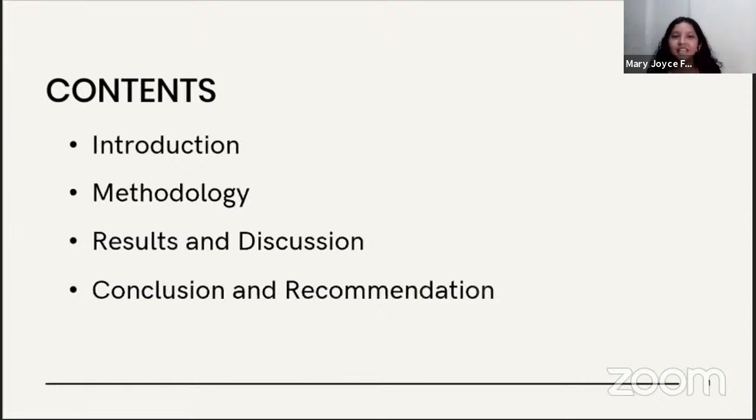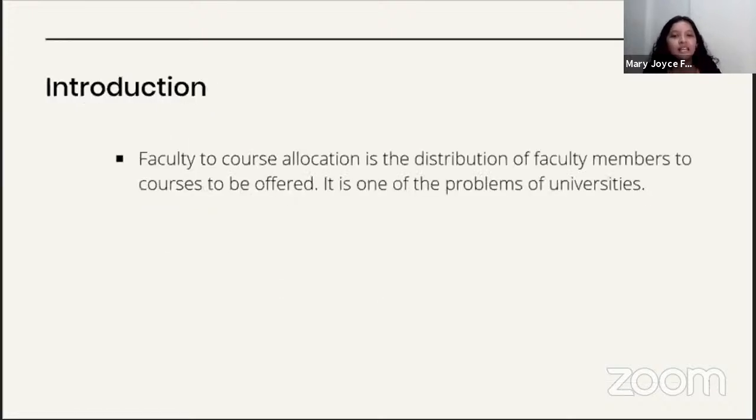Hearing the title of the presentation, we knew this is all about faculty to course assignment. But what is the meaning of faculty to course assignment? It is the assignment of faculty members to courses to be offered in that semester or academic year.